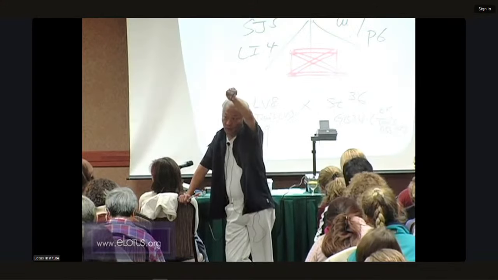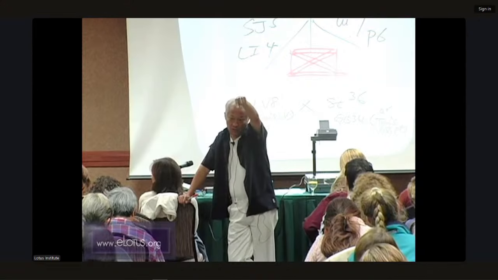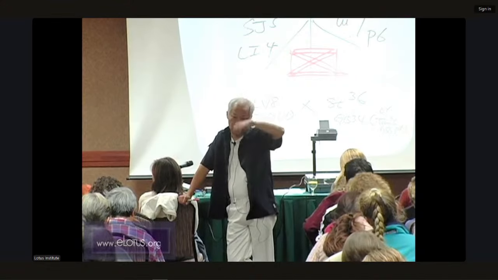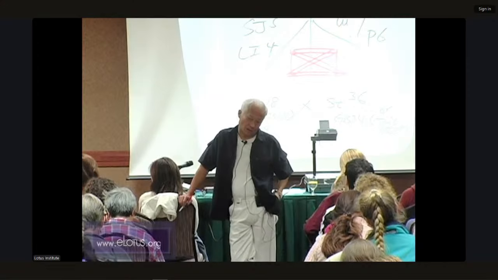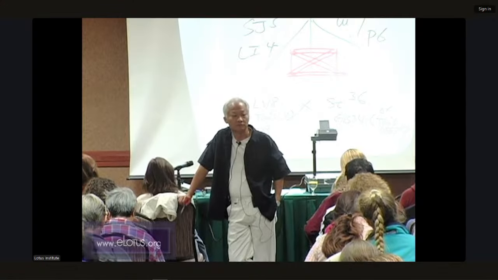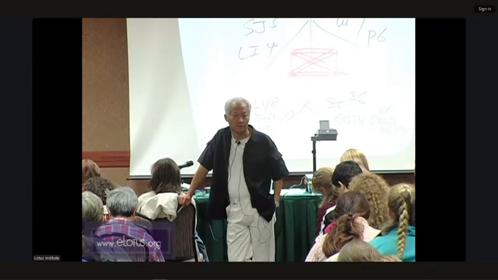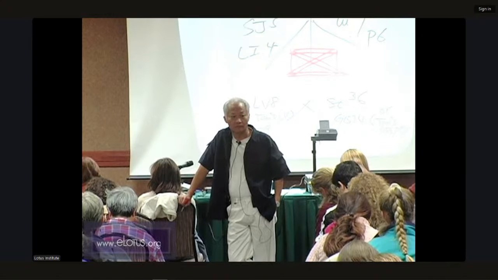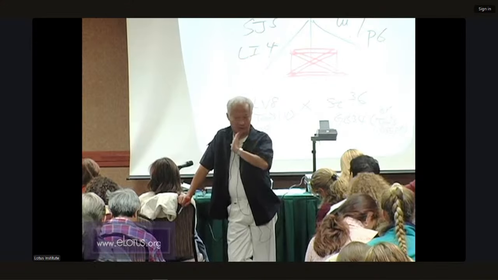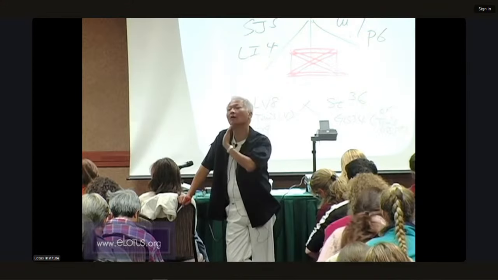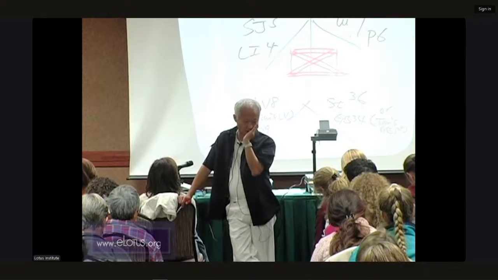Whole area on the tibia bone, medial side of tibia bone, anterior to spleen 9. You do oblique treatment like you penetrate liver 5. Oblique. That's a better point than liver 8 itself. I use that a lot in clinic.